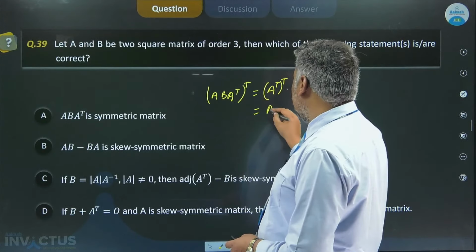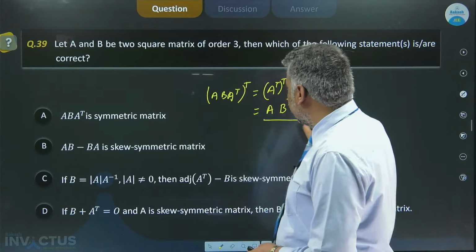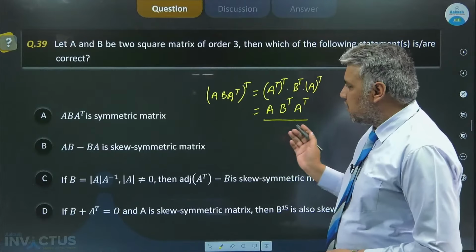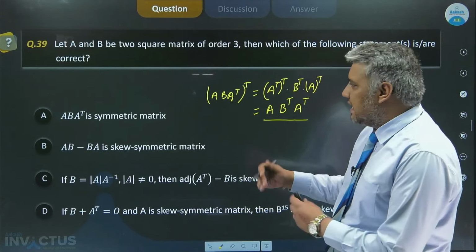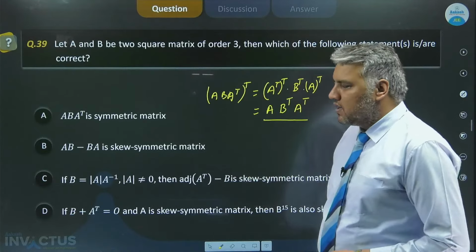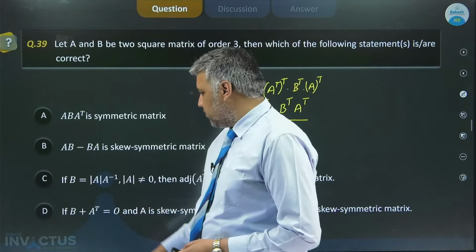So this will be A B transpose A transpose. This is not equal to the original matrix, so it will not be symmetric until and unless we know that B is a symmetric matrix. So this option may not be true.